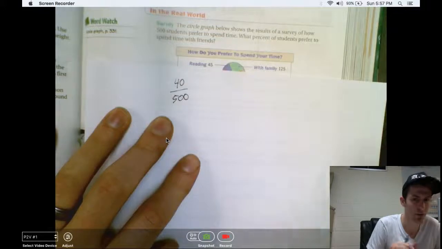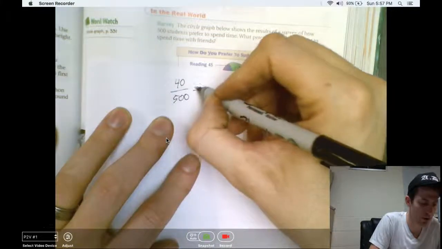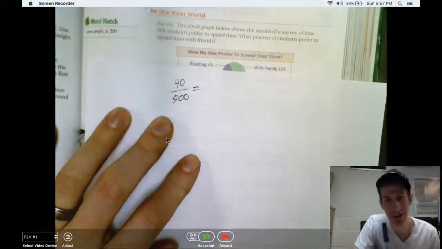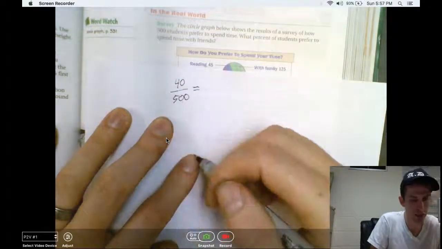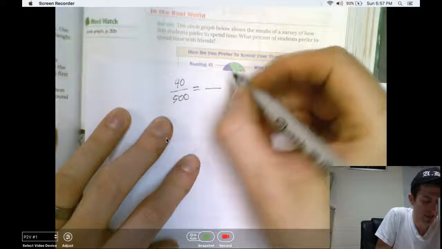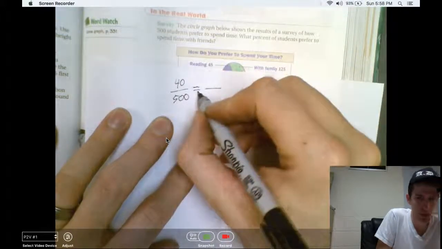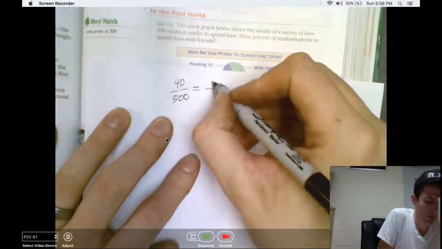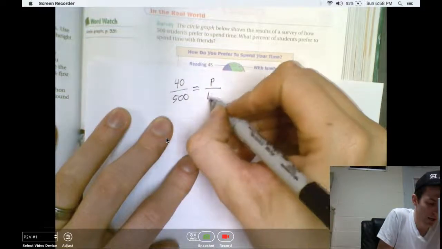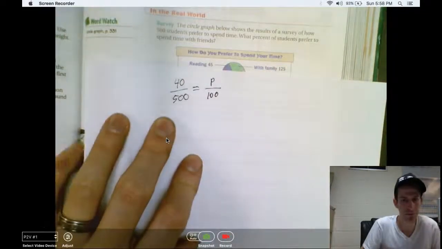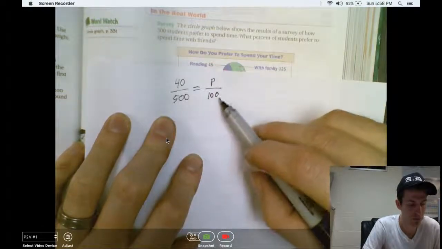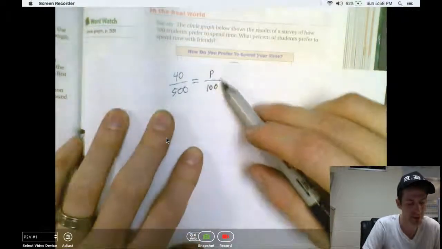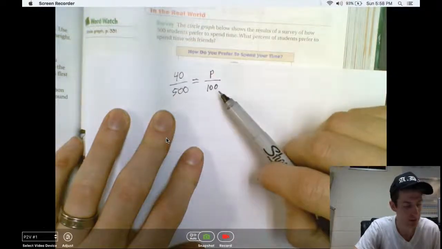But let's use what we talked about in 7.3 real quick. Can you understand it this way? And I think you can. Watch this. 40 out of 500 is going to be the same as, that's what equal sign means, right? The same as some percent p out of 100, because percent is just a fraction out of 100, isn't it?